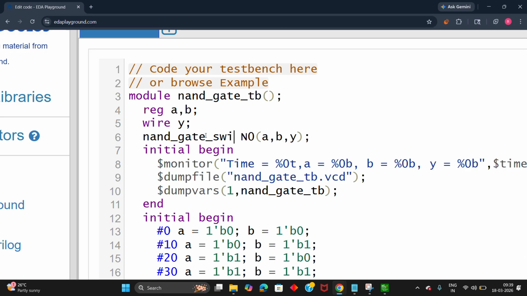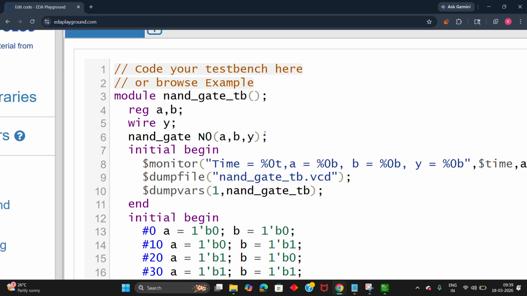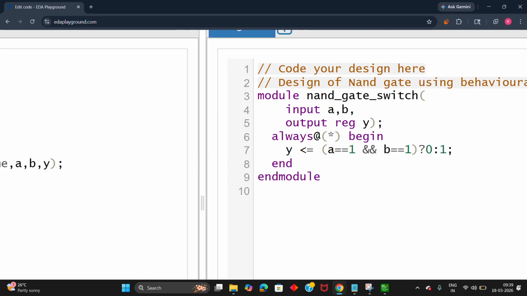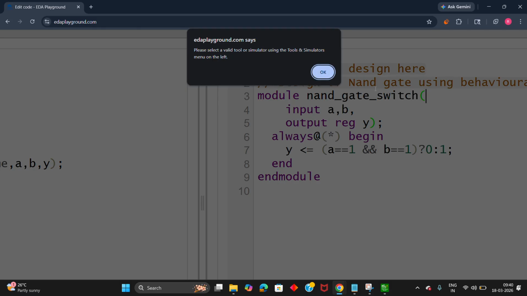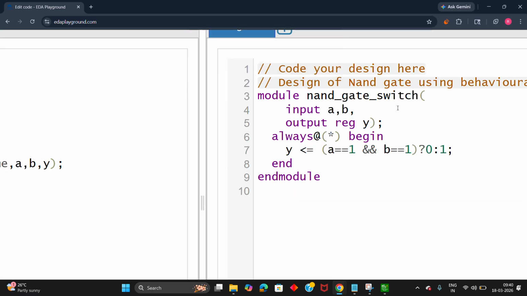For example, if I change the module name here, that is I have added switch, then you need to add switch to the instance name in the TB, that's it. Other than that, there is no need of changing the TB. If you change the module name of the design code, then you need to change the instance name of that particular module in the TB. Otherwise there should be no changes in the TB.